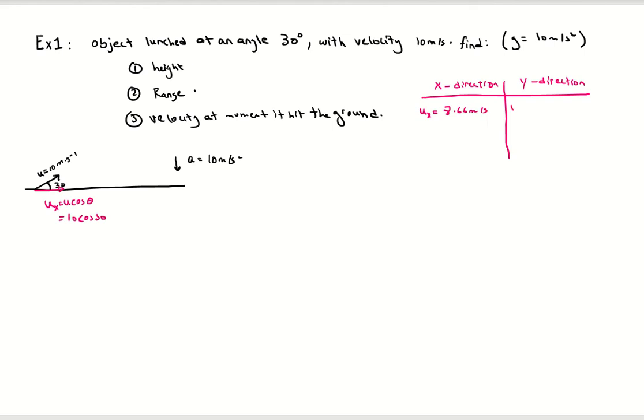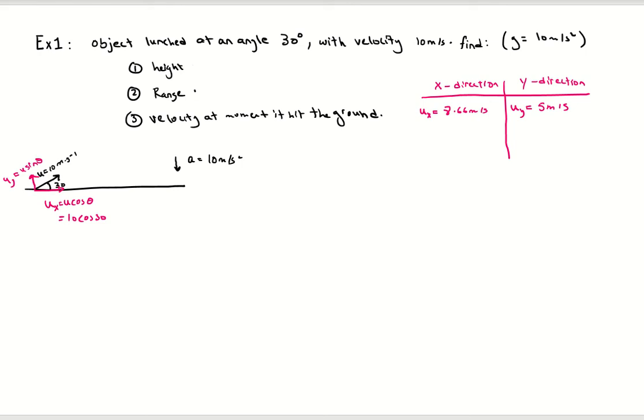And the y component of the initial velocity, uy, is equal to u sine theta, which means that it's 10 sine 30. Sine 30 is half, so 10 sine 30 is 5 meters per second. So this is the first part of the toolbox.